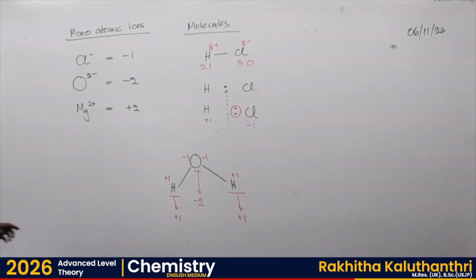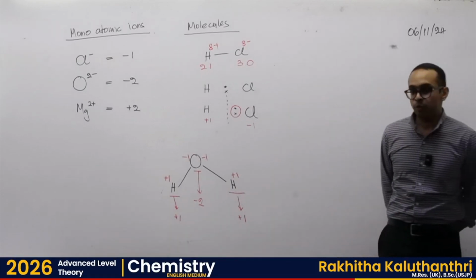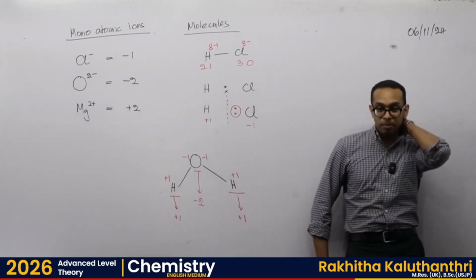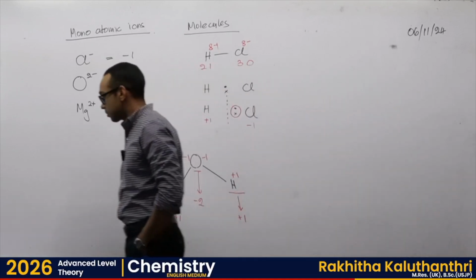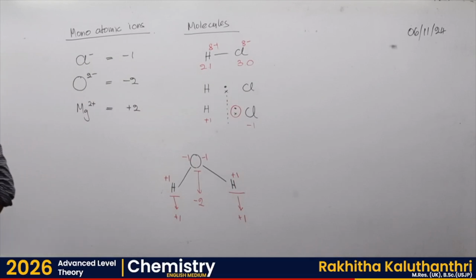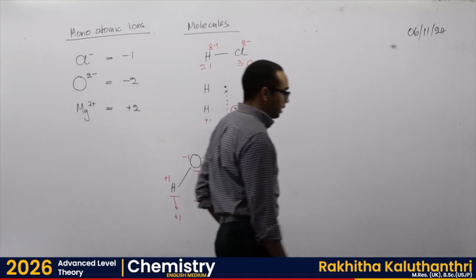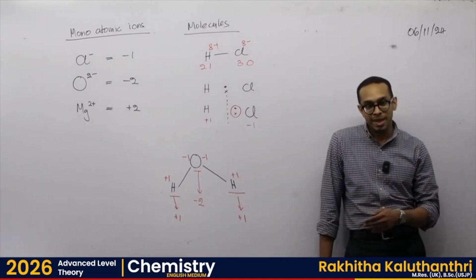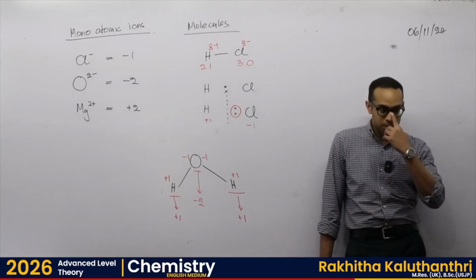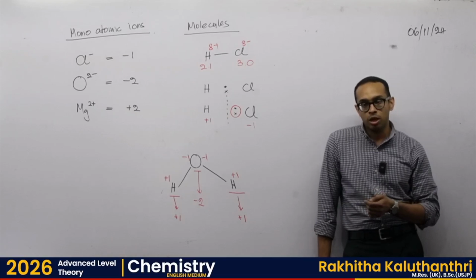When it comes to monoatomic ions, the oxidation number would be the same number that is seen in its charge.